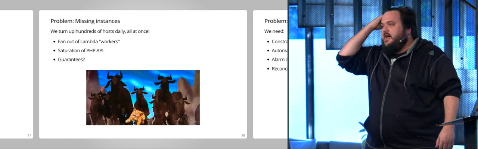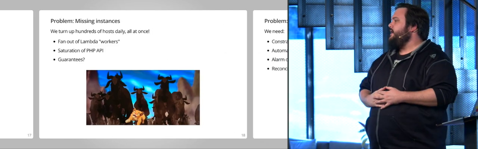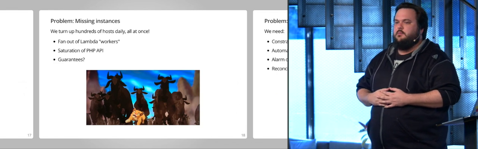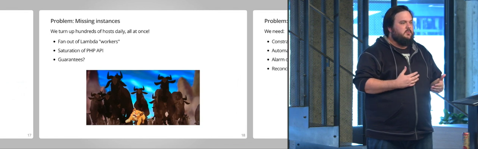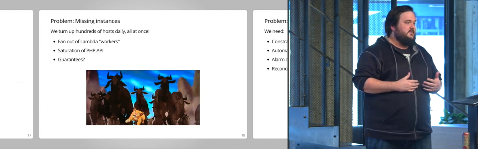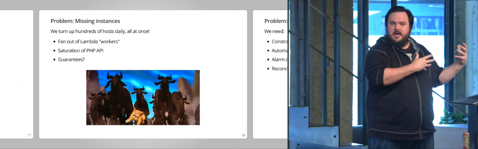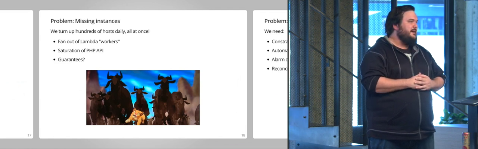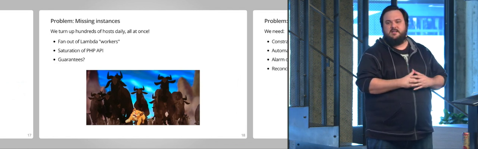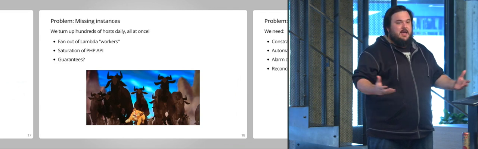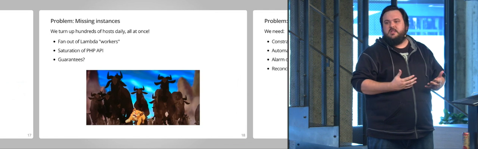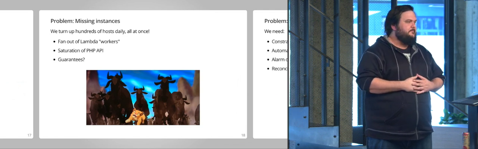So a couple of problems happen in this scenario: we end up with missing instances or stale state in the monitoring tool. The reason for that is we have this scenario in our media company where we would turn up hundreds of hosts daily, mainly for dev, right? So we'd shut dev off overnight, fire it up in the morning, and there'd be hundreds of events come through within a minute, say.